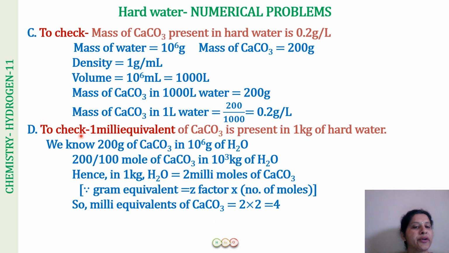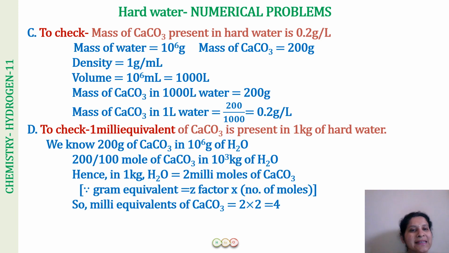So it is not going to be 1 milli equivalent of calcium carbonate in 1 kg. It is going to be 4 milli equivalents in 1 kg. So this option is going to be incorrect. So option number A and option number D, they are incorrect. And now I hope you have developed an understanding of what type of questions they can be based on the hardness of water. So you are getting a good feel.